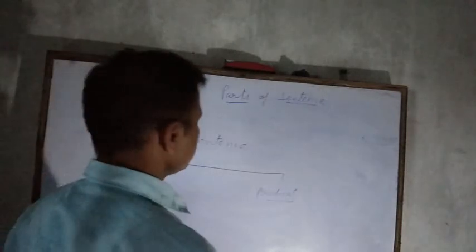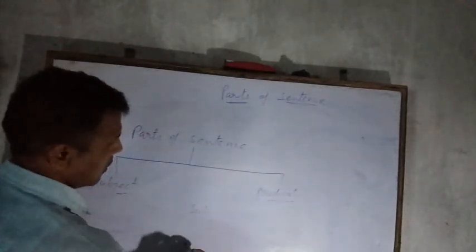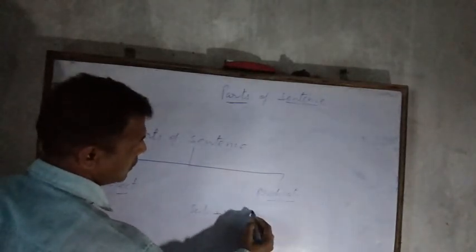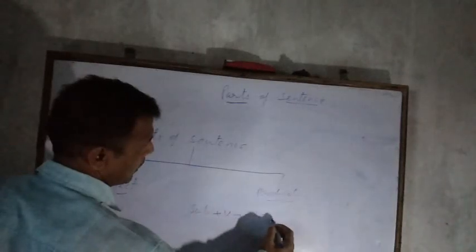A sentence contains subject, verb, object and complement.